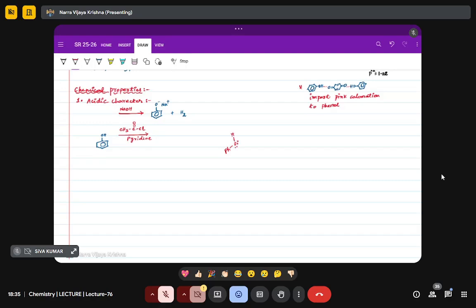Having lone pair of electrons. I am writing phenol with lone pair of electrons, and I am taking acetyl chloride like this, CH3, C double bond O, Cl. Can I make this donate lone pair of electrons here? Why you are donating only phenol to donate lone pair?